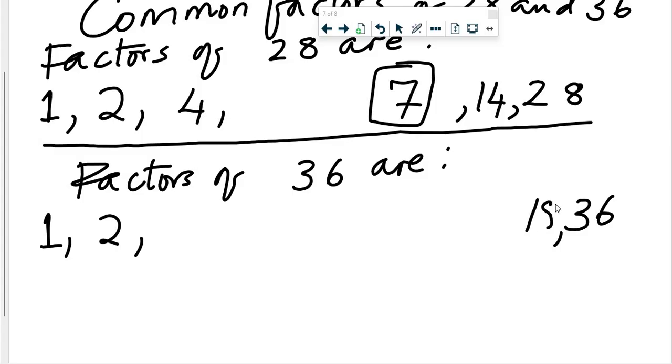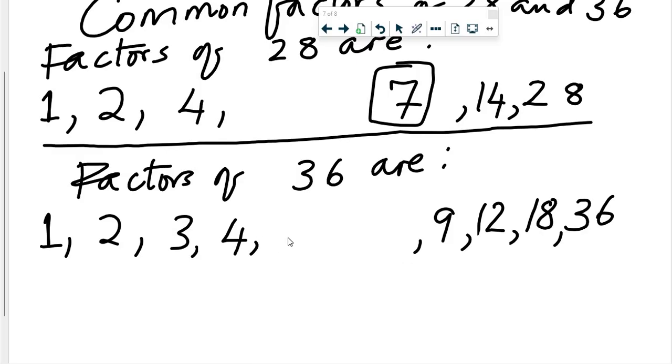You write 18. Go to 3. 36 divided by 3 is possible. You have 12. Then you go to 4. 36 divided by 4 is 9. So you write 9 here.